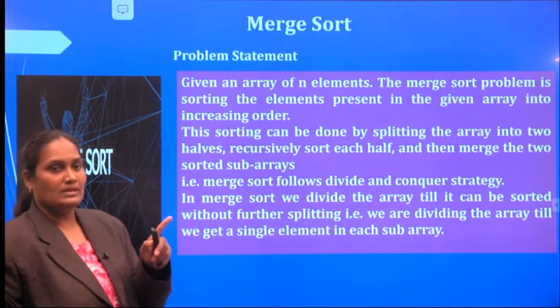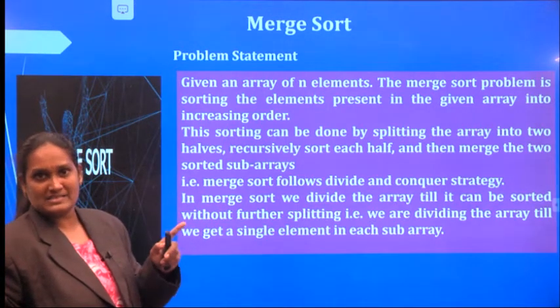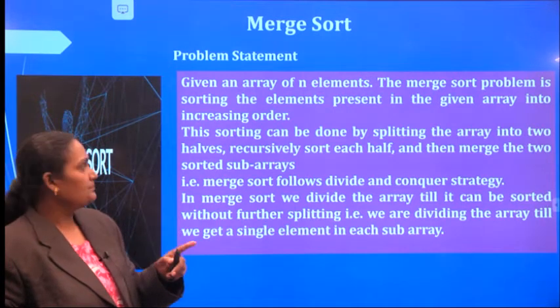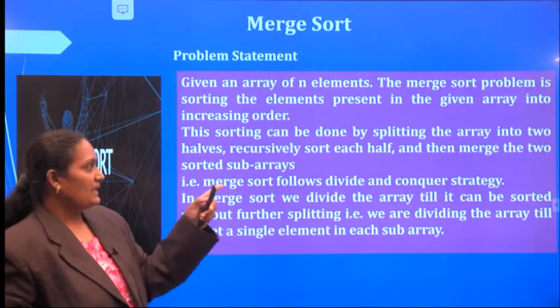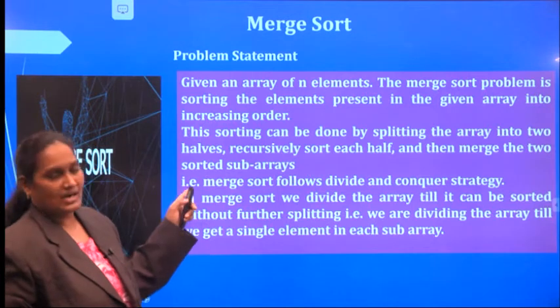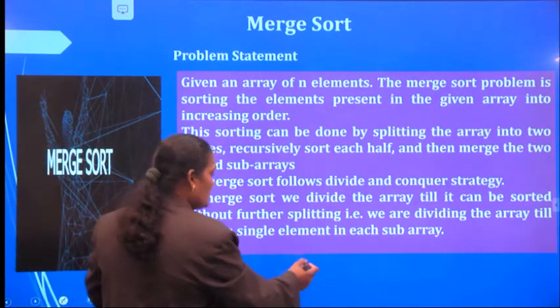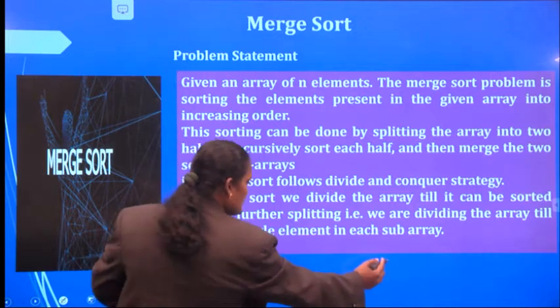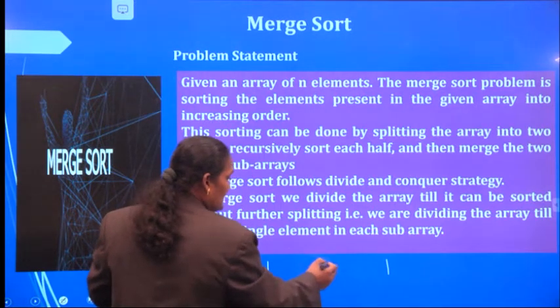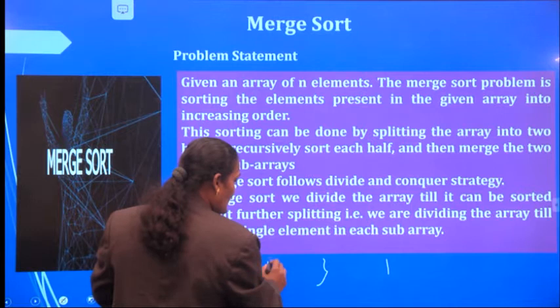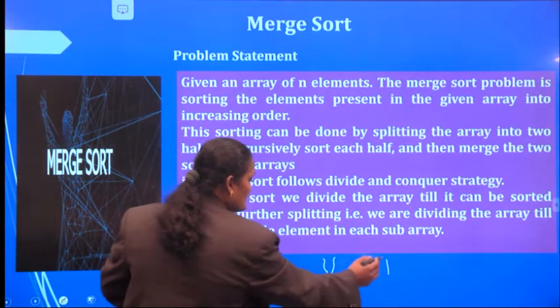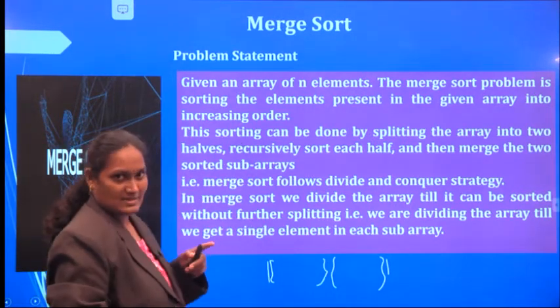Now, how is the sorting of elements done in merge sort? Here we split the array into two halves. Suppose this is your given array. It is divided into two halves, one subarray and another subarray.